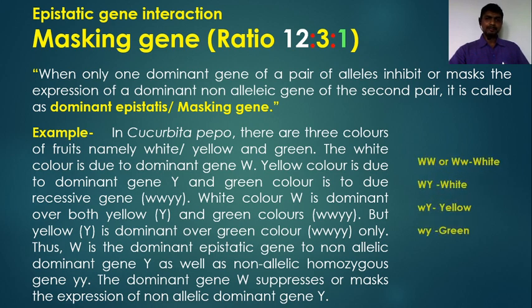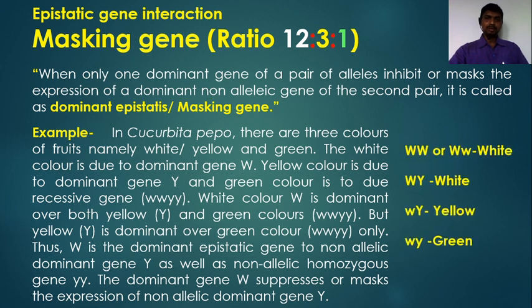So what happens here? If the genotype is capital WW or capital W small w, it is white. When the genotype is capital W capital Y, it is white. If the genotype is small w capital Y, the phenotype is yellow. If it is small w small y, the phenotype is green.